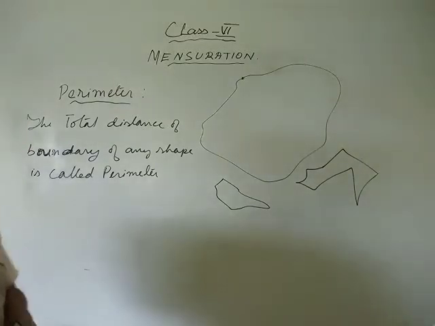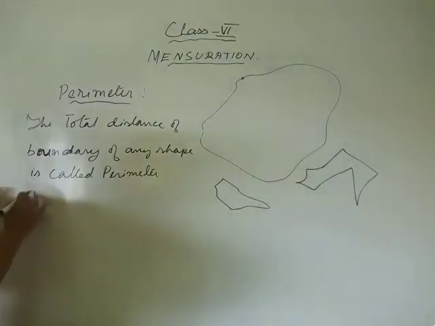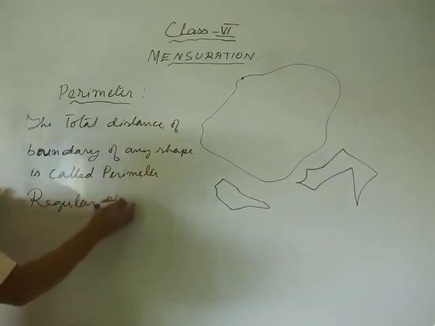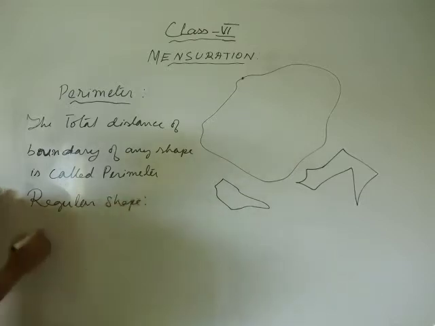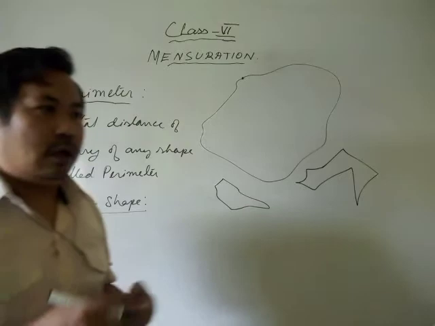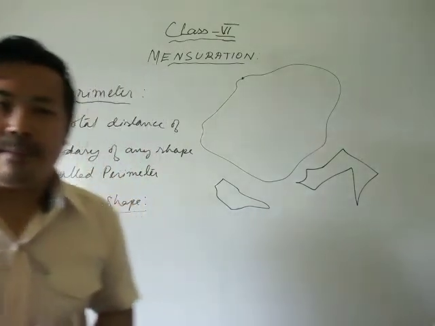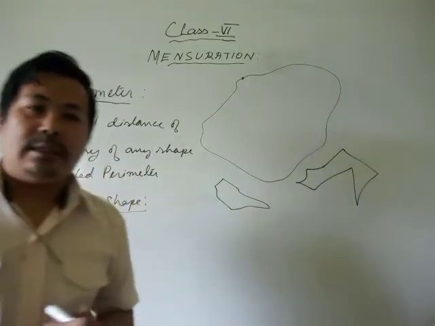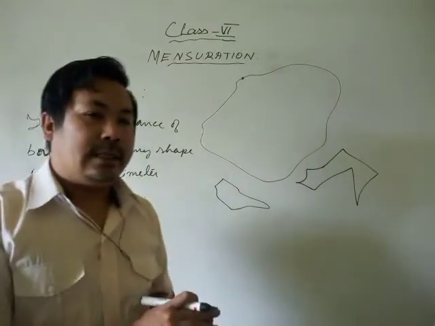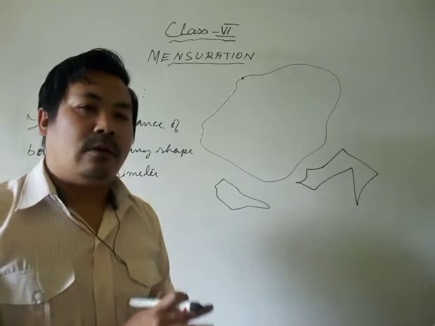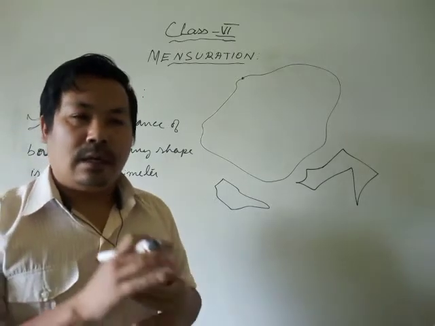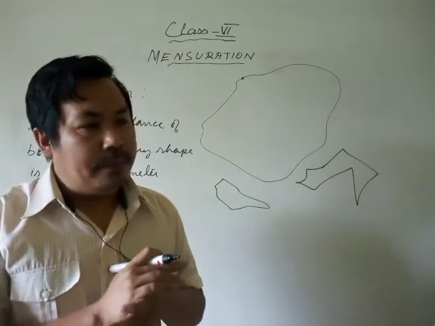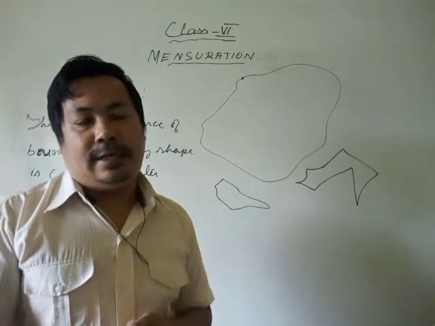But for regular shapes, there are many regular shapes: rectangle, square, triangle, quadrilateral, pentagon, hexagon, decagon. Many regular shapes are there.